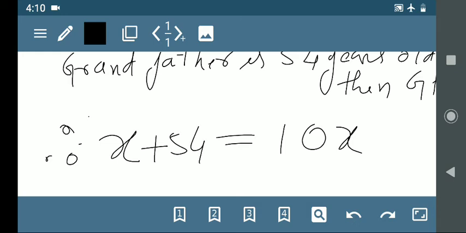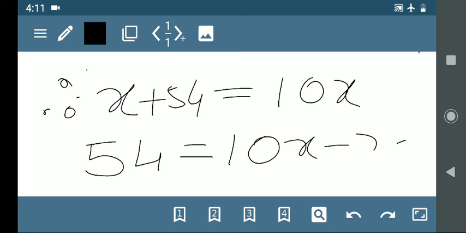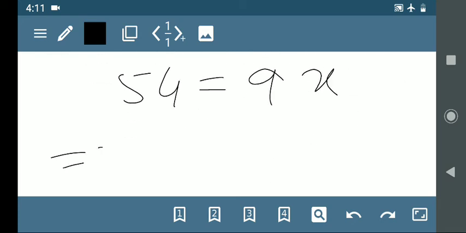So according to the question, x plus 54 is equals to 10x. If you send the 10x onto the RHS, 54 is equals to 10x minus x. 54 is equals to 9x. So that implies 9x is equals to 54.